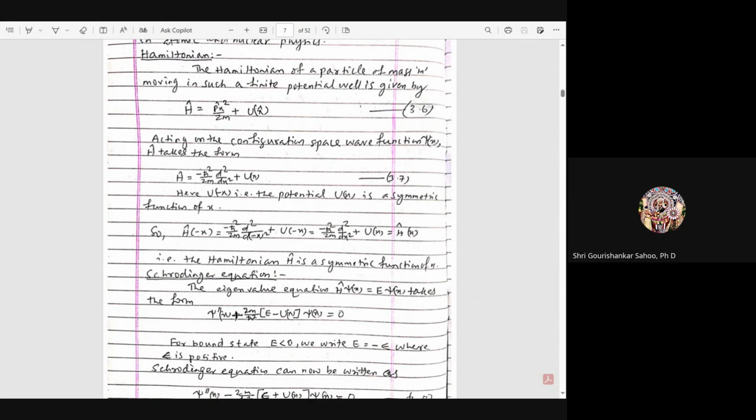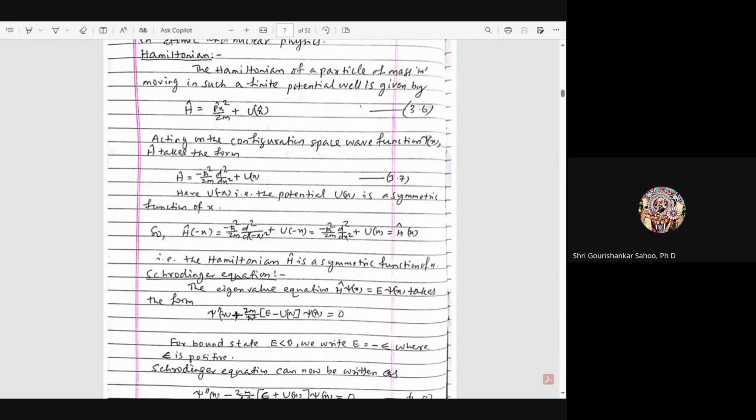The Hamiltonian of a particle of mass m moving in such a finite potential well is given by H cap equal to p x cap squared by twice m plus u. Acting on the configuration space wave function psi, H cap takes the form minus h cross square by twice m d square by dx square plus u.